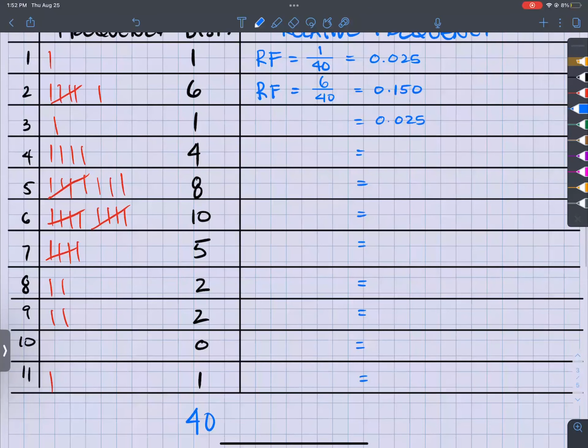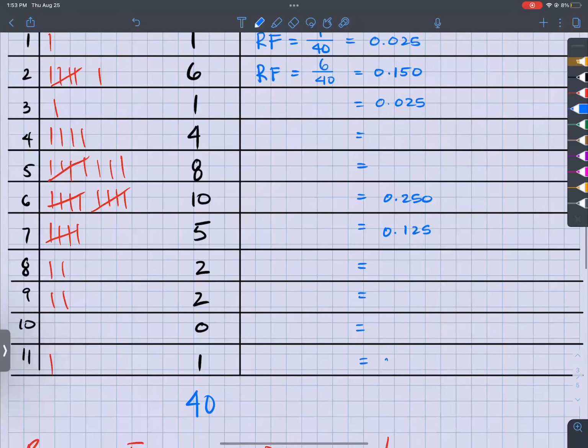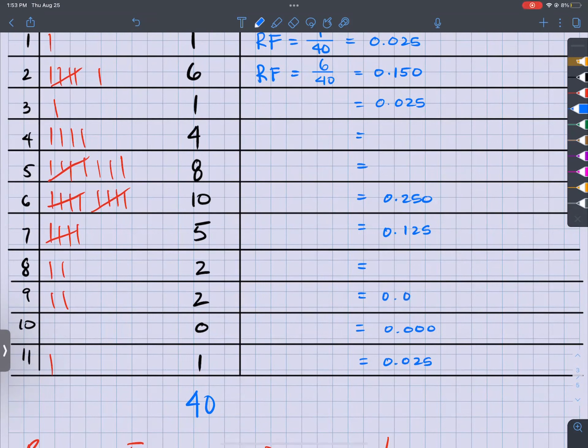Here, I'll do the 10. So 5 will be 0.125. 1 is 0.025. So that means the 2 must be 0.050.